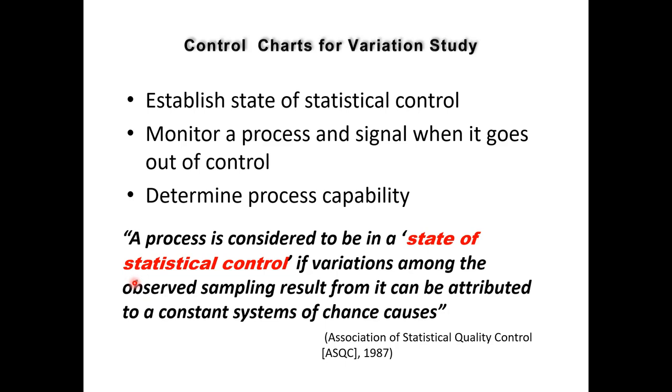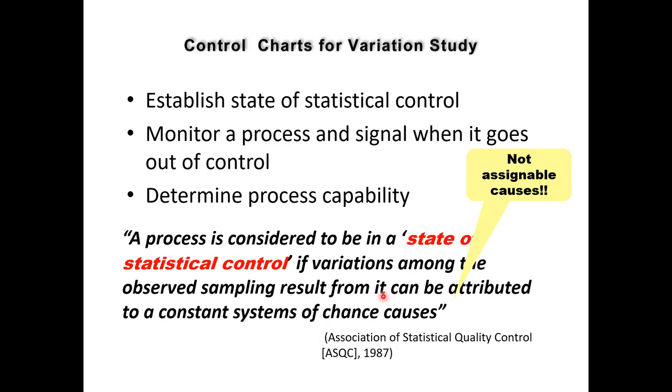So when you talk about a state of statistical control for a process, you relate that to variation which is caused by chance causes only. When chance cause variation alone is present in your process, the process is said to be in the state of statistical control. This definition was given out by the ASQC in 1987.